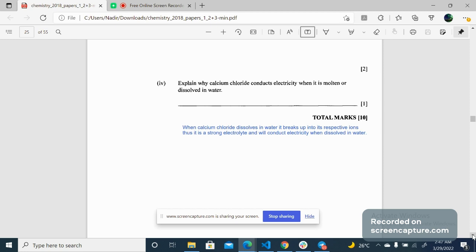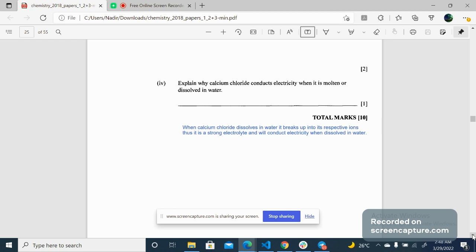That's why you can read here the line that says that when dissolved in water, it is able to conduct electricity, because it is broken into its respective ions after getting dissolved in water. When it is broken up into its respective ions, it can assist the flow of electricity and hence work as a good electrolyte.